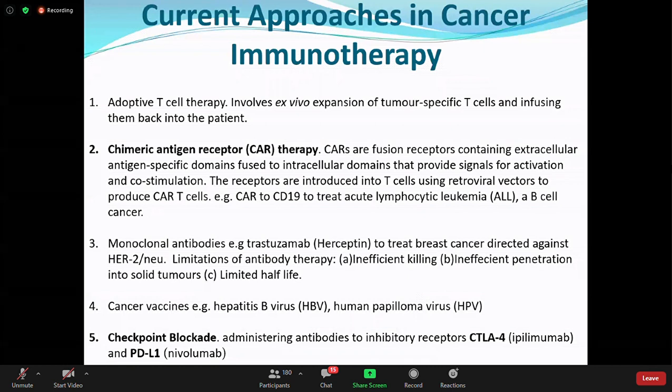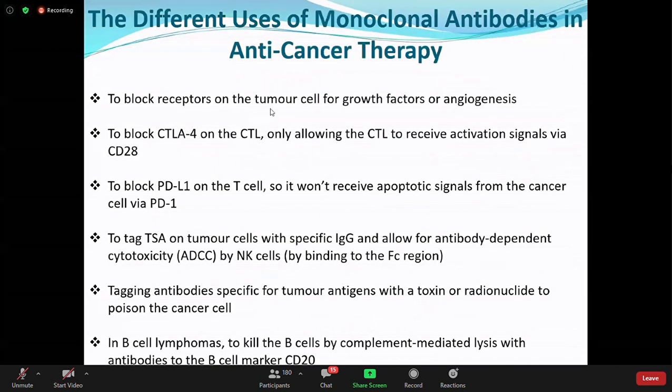The other major breakthrough is this process called checkpoint blockade. So if, as I said, remember these two polarized co-stimulatory molecules. CD28, the activation signal, binds to B7 on the antigen presenting cell with a target.